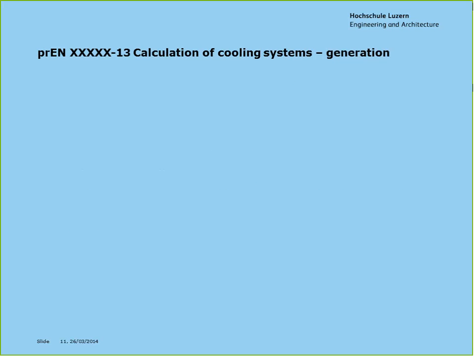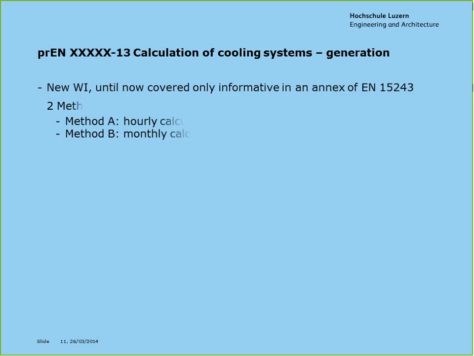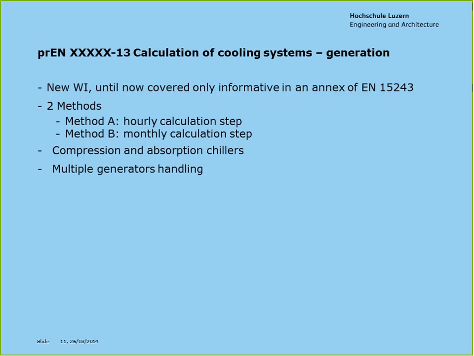Then the cooling generation is a new work item which we took off from EN 15251. We are covering two methods here in one document, one for the hourly calculation and one for a monthly calculation. We cover compressor and absorption chillers. We cover multiple generators handling.